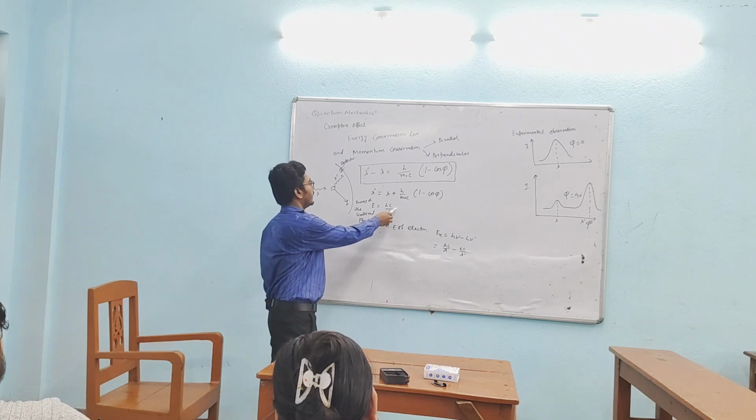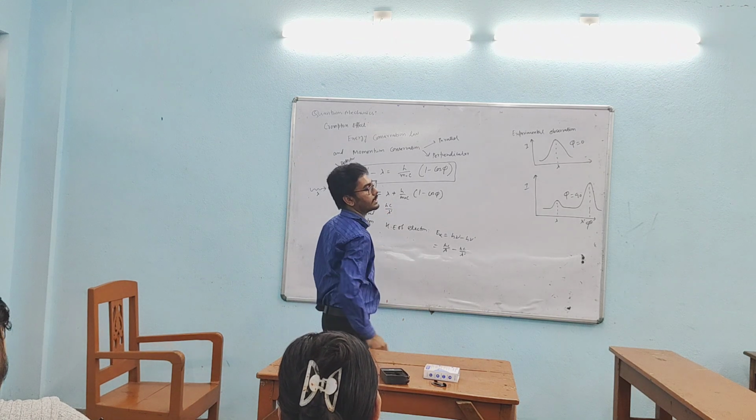This is the energy of the scattered photon, and this is the kinetic energy of the electron.